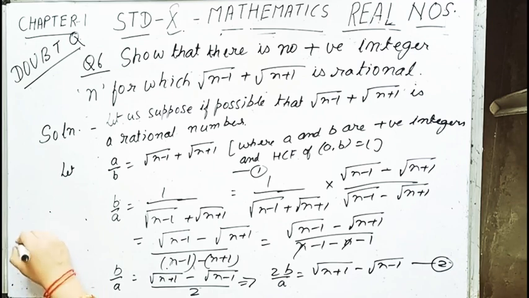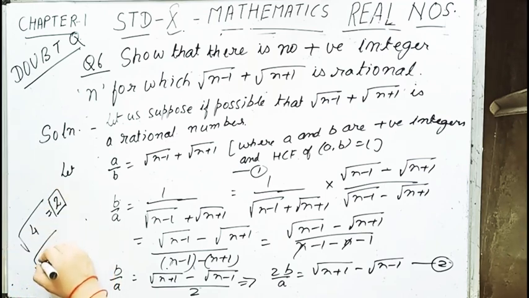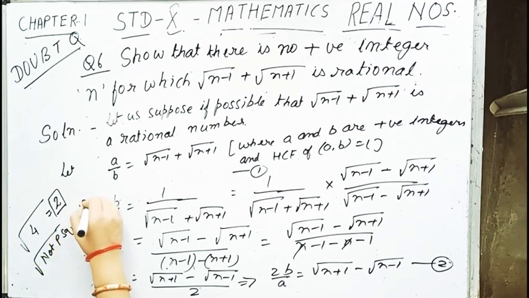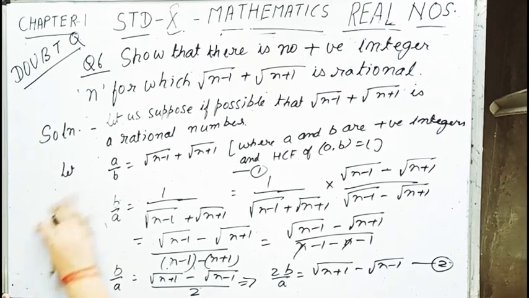We know that the square root of a number, suppose 4, equals 2, then only can we say it is a rational number. The square root of a non-perfect square is always irrational; the square root of a perfect square is rational. I think you know this; I have done this in the chapter explanation as well. So equations 1 and 2 you remember, I am rubbing this part.